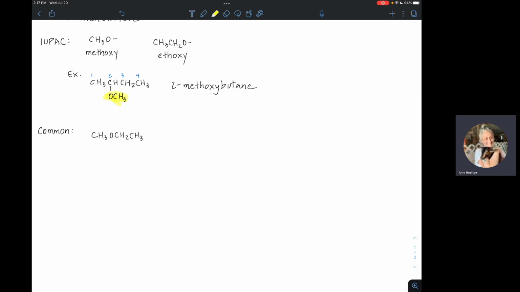So here we have two alkyl substituents. We have a methyl group and we have an ethyl group. Eth comes before meth, right? So we have ethyl, and this is going to be separate words. Ethyl methyl ether.